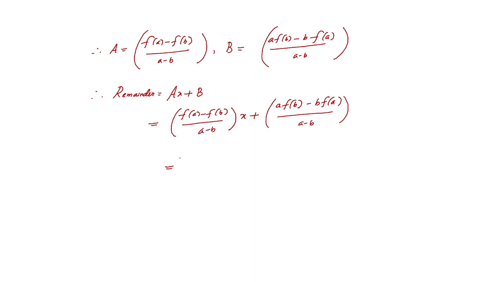So now you will do the simple calculation and you will see it is f(a) into (x minus b) minus f(b) into (x minus a) by a minus b. So this is our answer. So we have shown that this is the remainder that is asked in the question paper.